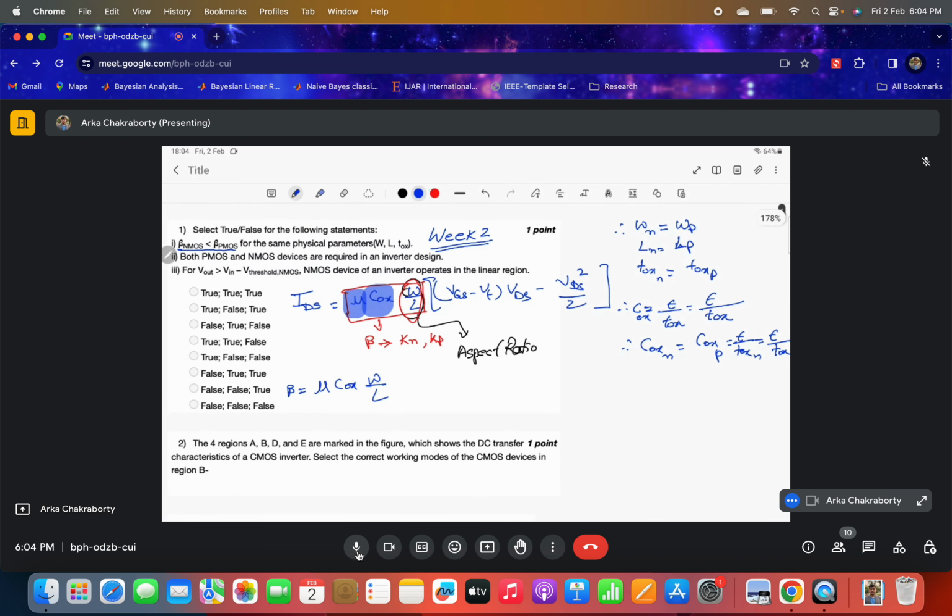Now we know for MOSFETs, generally the mobility of NMOS is almost twice the mobility of PMOS. So mu n is almost twice mu p.